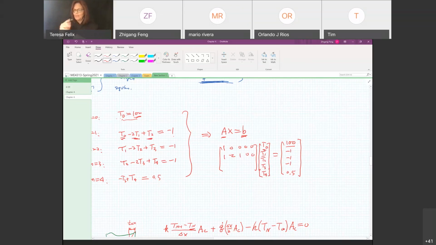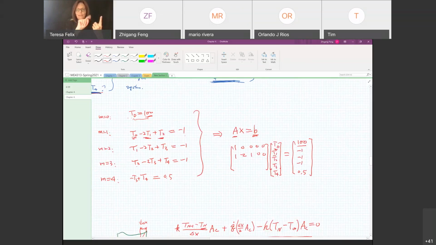For the third equation, I have no T0, 1 T1, minus 2 T2, and 1 T3. And the last equation, I have no T0, no T1, no T2, so 0, 0, 0, followed by 1 T3, followed by 1 T4. So that's how you assemble the coefficient matrix.